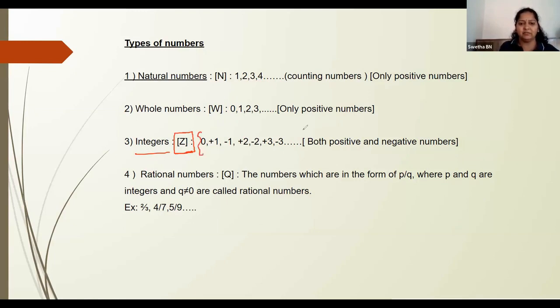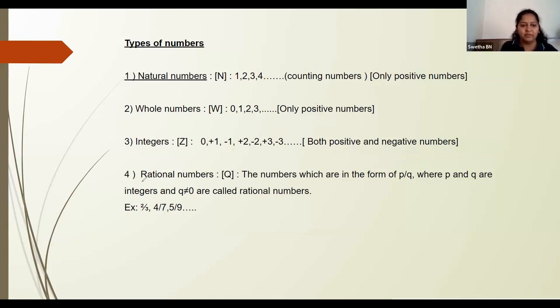See here, in the first and second cases, we saw only positive numbers. Right now, in integers, we have both positive and negative numbers. Here we have +1, -1, +2, -2, +3, -3. Got it, children? So this is about integers. All of you already know these 3, you have studied them in your previous classes.